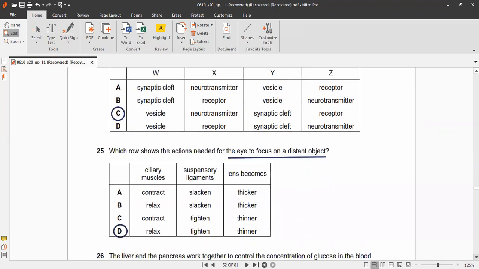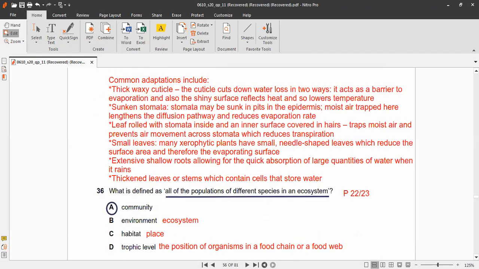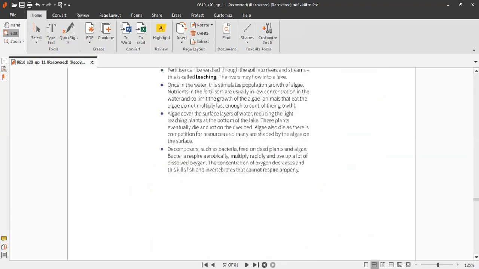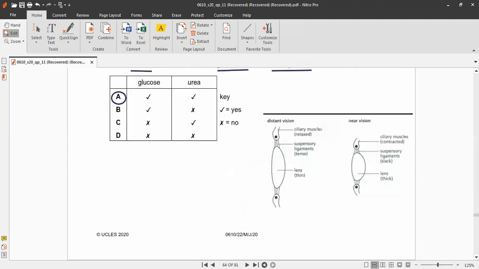Which row shows the actions needed for the eye to focus on a distant object? Look at this picture. In distant vision, ciliary muscles relaxed and suspensory ligaments tense and lens thin.